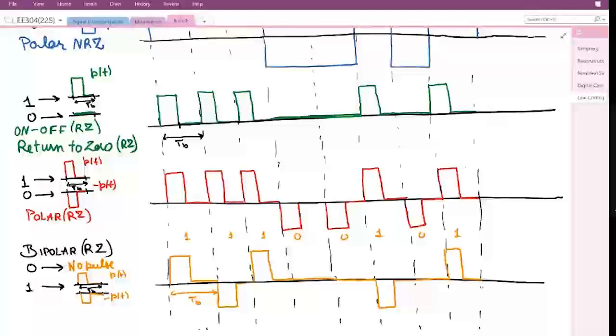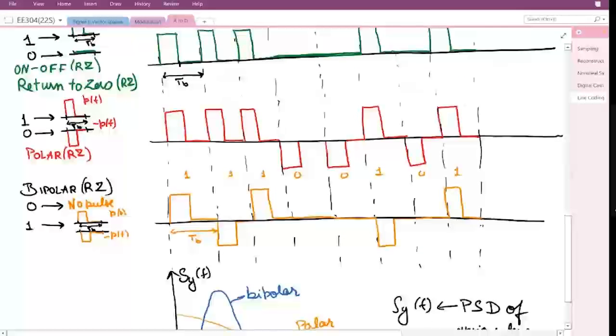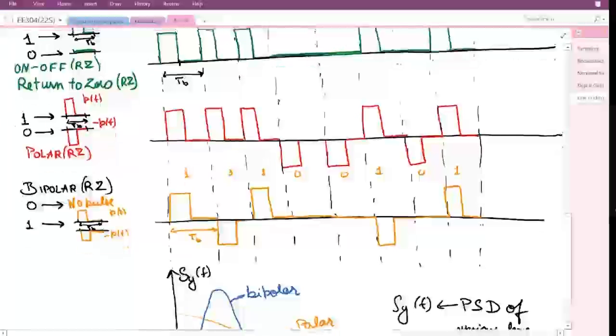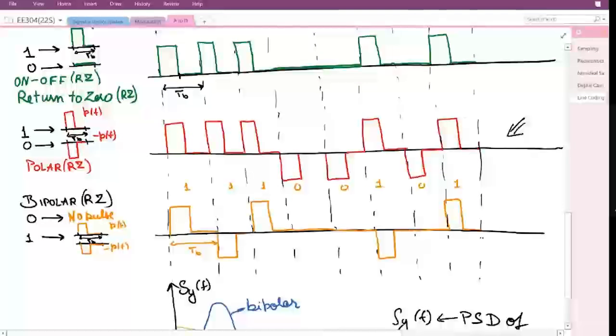If we calculate the energy, what can we see? What is the average energy for the polar RZ case, and for the bipolar RZ?